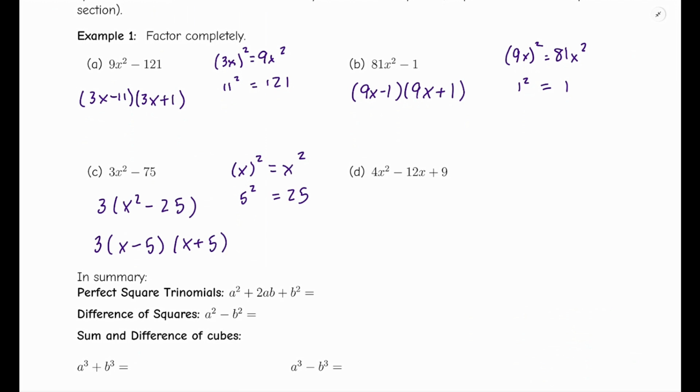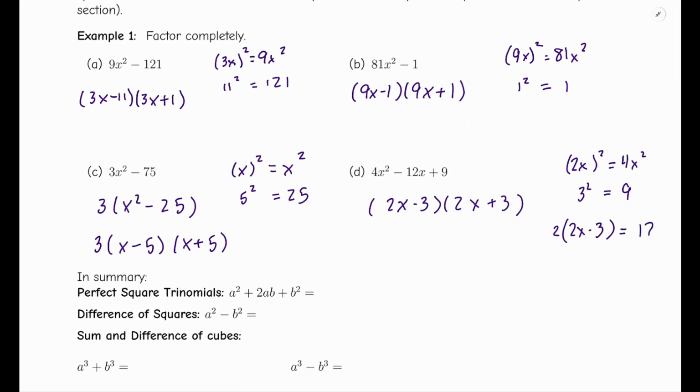Now 4x squared minus 12x plus 9 can be factored as 2x minus 3 and 2x plus 3. Now this one isn't as easy to remember, but this is because 2x squared is 4x squared, 3 squared is 9, and then if I take 2x times 3 and double it, that gives me the 12x.